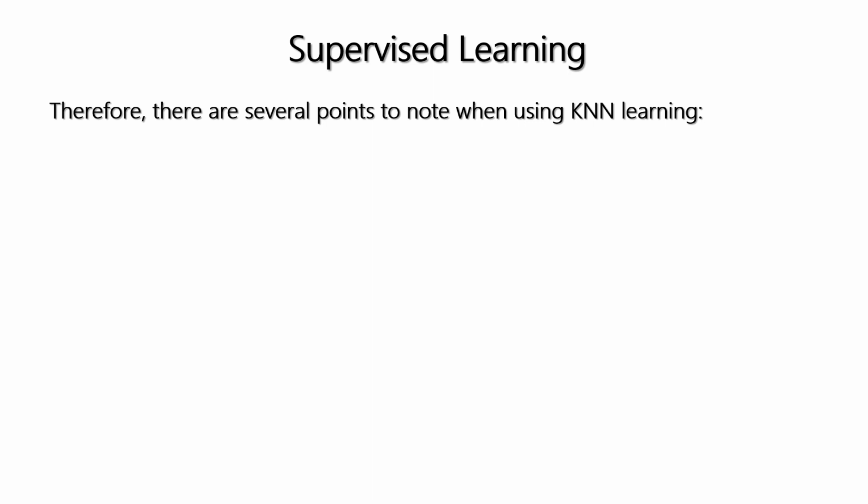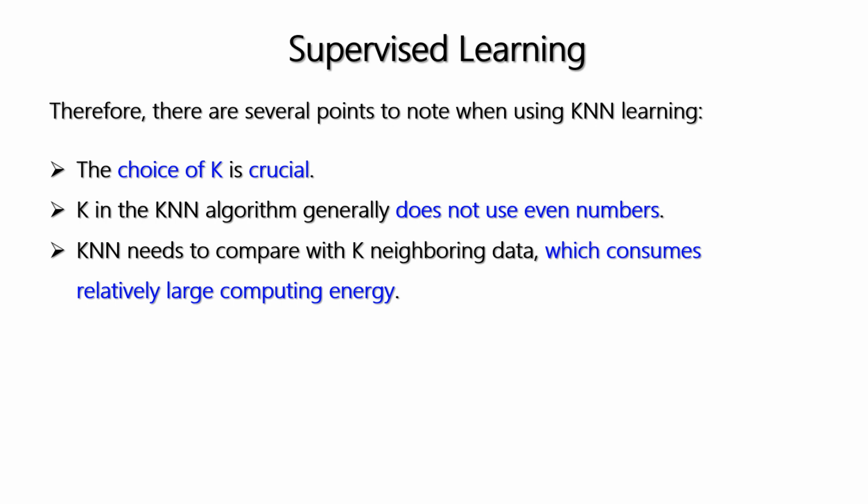Therefore, there are several points to note when using KNN learning. The first one is that the choice of k is crucial. Crucial is more important than important. There are timely requirements. Second, k in a KNN algorithm generally does not use even numbers, such as 2, 4, 6, 8, 10.